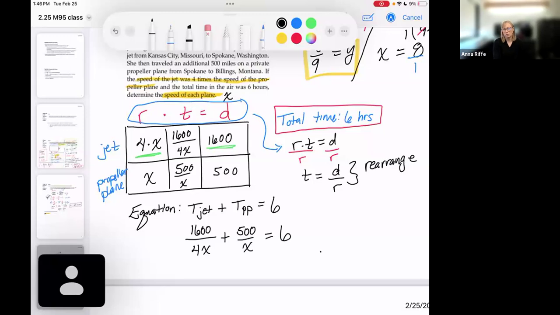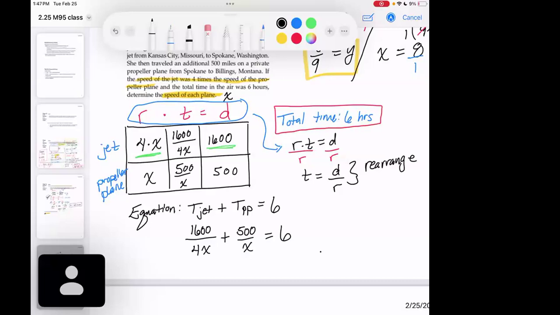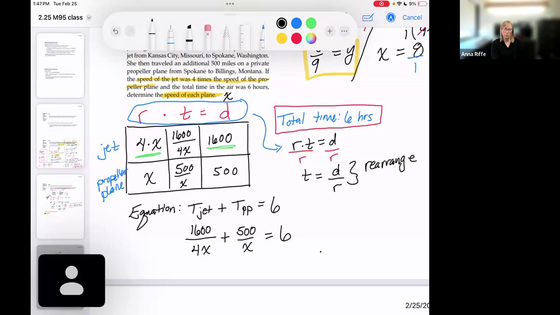That should give me 6 hours if I add the 2 times, one for each trip. Does that part make sense? Yeah, I'm staying with you right now. Okay, sounds good. Just want to make sure before I move on.